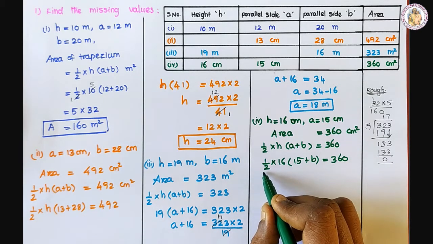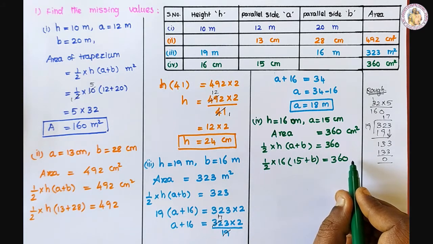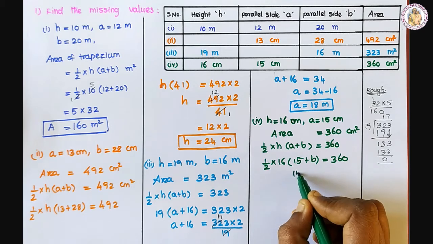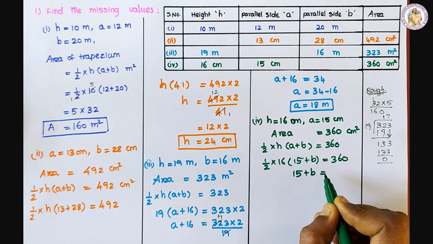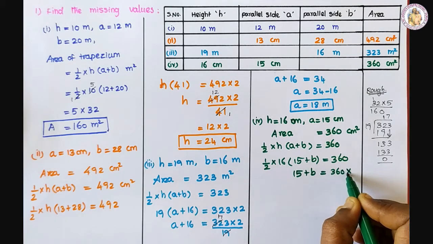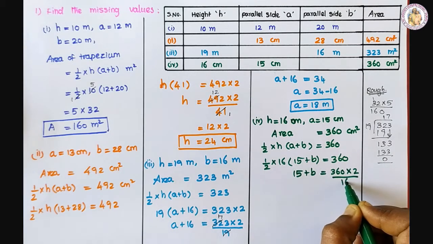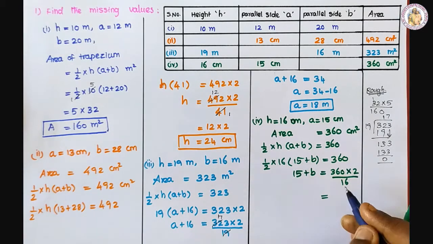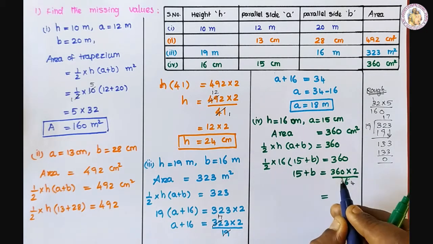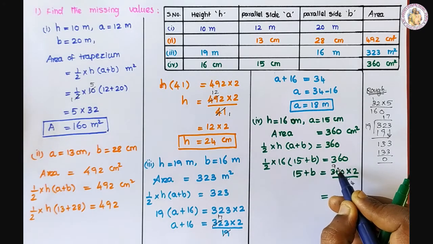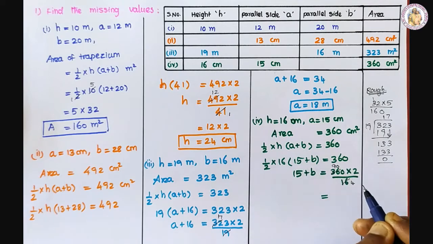Now 2 is in division, bringing it this side means multiplication. Here 16 is in multiplication, it becomes division. So 15 plus b equals 360 into 2 divided by 16. Cancellation: 4 4s are 16, 9 4s are 36, so 90.